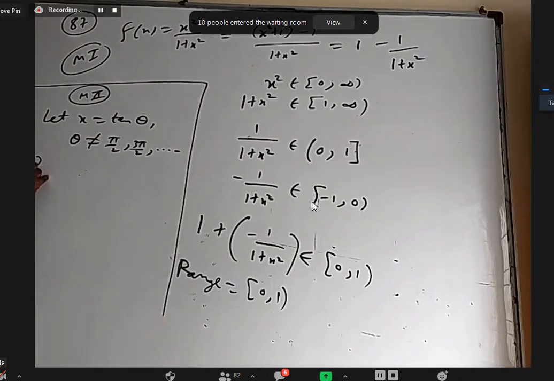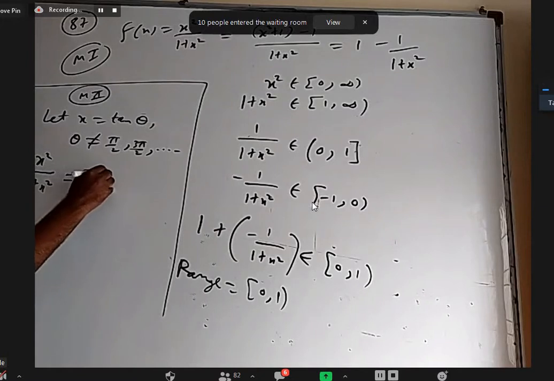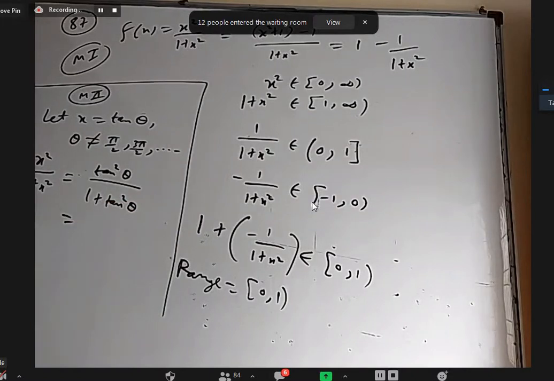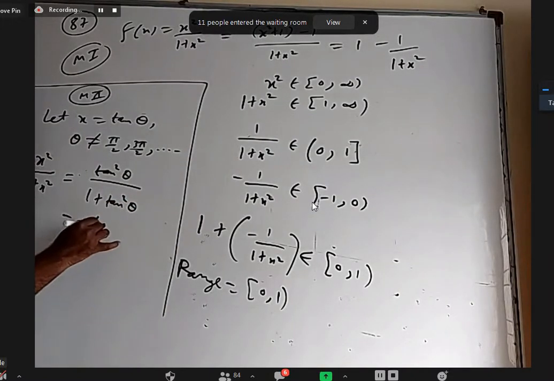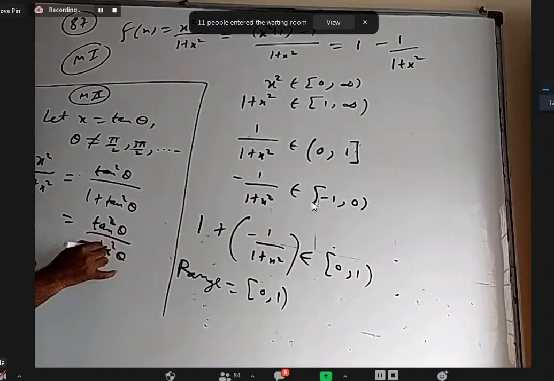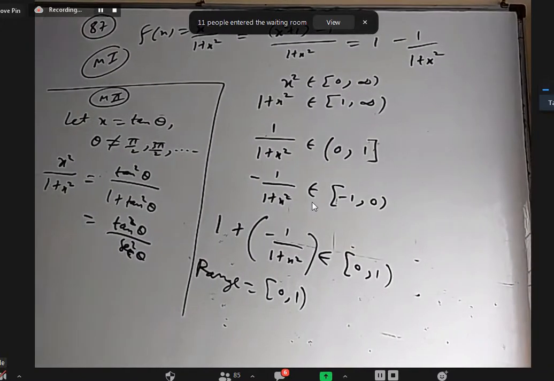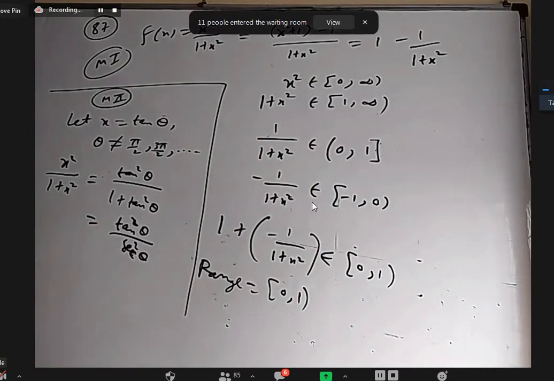See what happens to x square by 1 plus x square. That is tan square theta by 1 plus tan square theta. 1 plus tan square theta is secant square theta. And the tan square by secant square, tan is sine by cos and secant is 1 by cos. So when you simplify, you will get sine square theta.